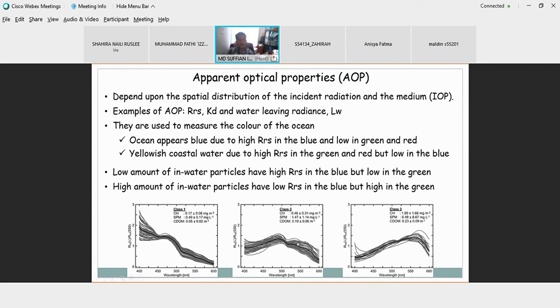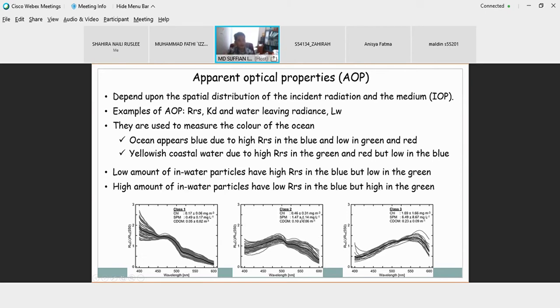So we have a class 2. Class 2 is the intermediate waters, in between coastal and open ocean water. So reflectance in the blue is low, but peaks in the green and decreases into the longer wavelength.